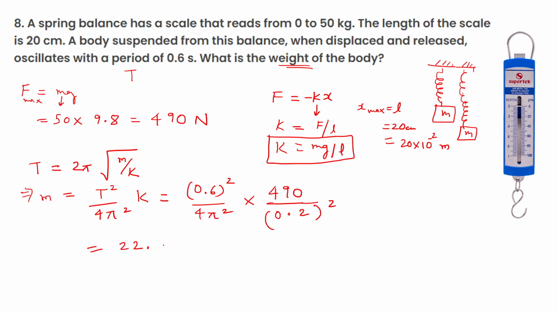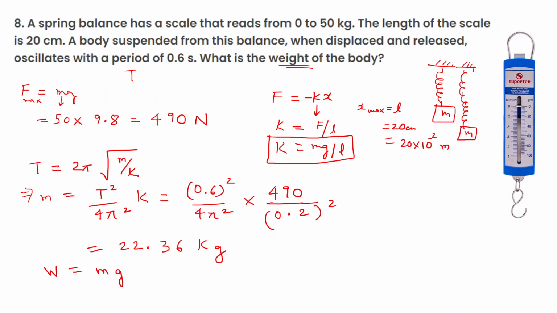I think, wait. The value of k is mg by L, right? If it's that much, that is fine. So the mass of the body I get is 22.36 kg, and thus the weight of the body, we have been asked to calculate the weight of the body.